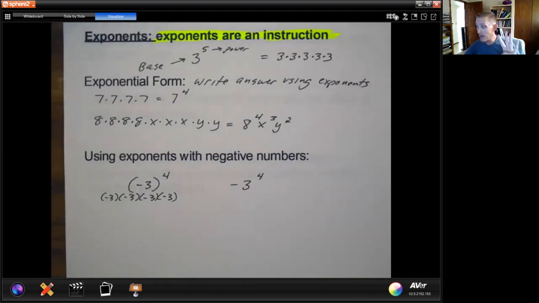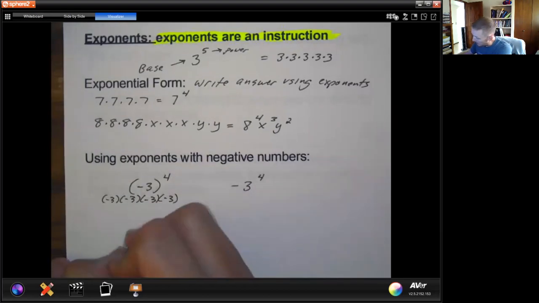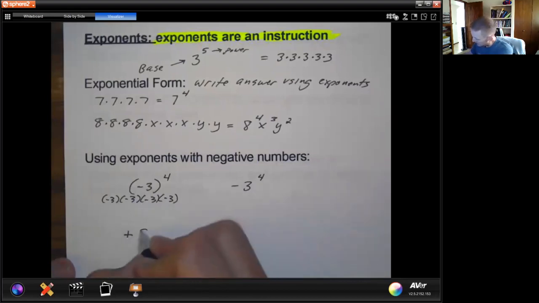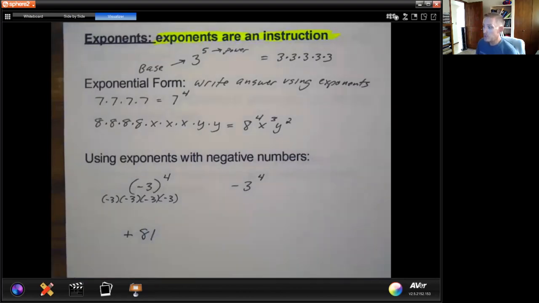Multiplication with 4 negatives is going to be a positive. And 3 times 3 is 9, times 3 is 27, times 3 is 81. So this answer is going to be positive 81 because I multiplied with 4 negative numbers.